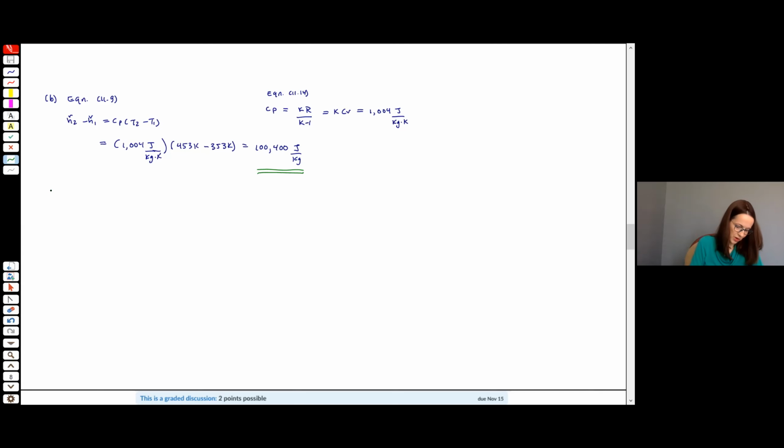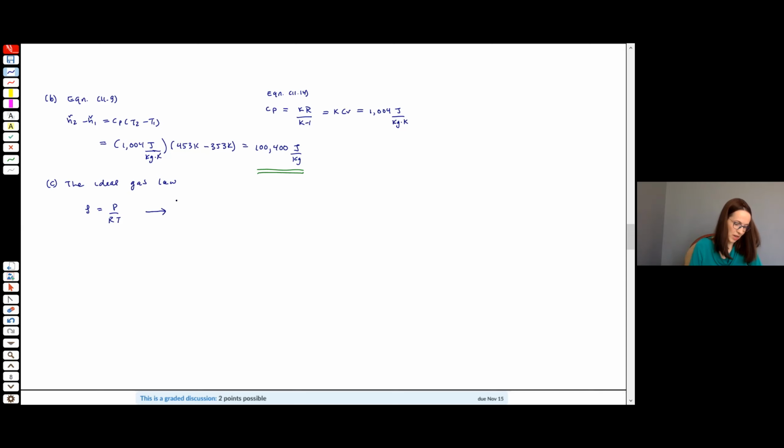All right, moving on to part C. In C, we want to know what the change in density between sections 1 and 2 is. Good, finally, here's a quantity that we have some intuition about. Maybe this will be a little bit more interesting. So the ideal gas equation tells us that rho is equal to P over RT, and we can do this to evaluate the density at each section.